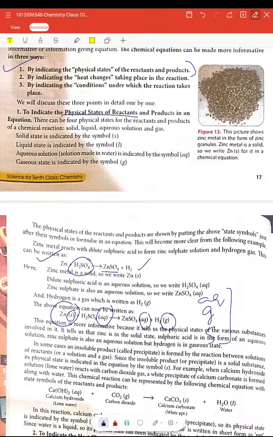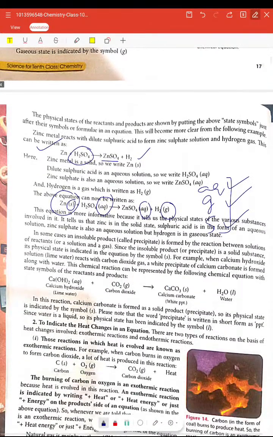If we need more information about a chemical reaction, we need to represent what is zinc, what is sulfuric acid, what is zinc sulfate, what is hydrogen gas. So we will represent this by indicating the physical state: aqueous, gas, solid. We will discuss this further in the next example.